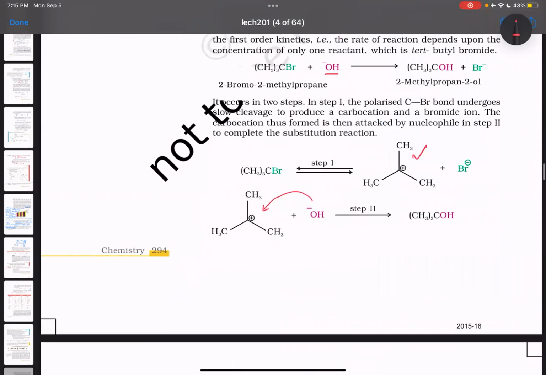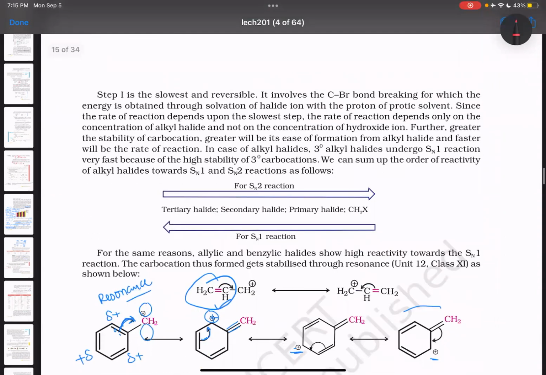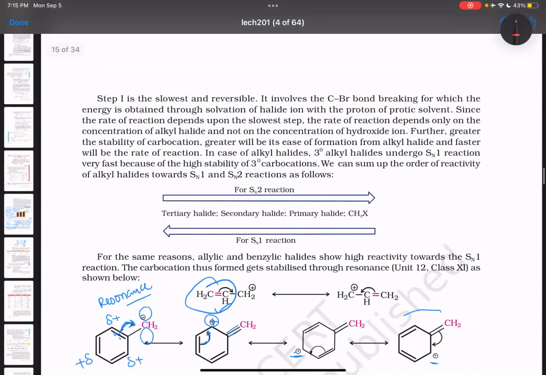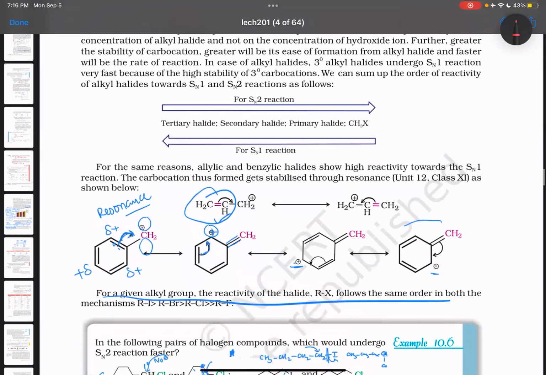This is how SN1 happens. Is it clear? In SN1, the main crucial step is the slowest step. It is slow among all the steps because SN1 is a multi-step reaction, so we need to say which one is the slower step. And it is reversible, it involves breaking, and all these things I told you.